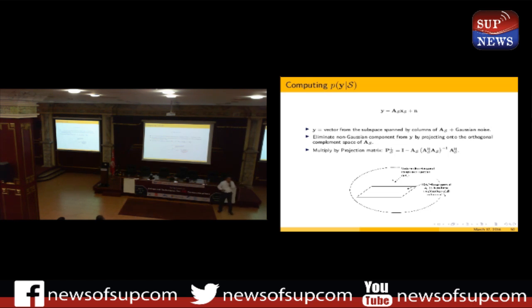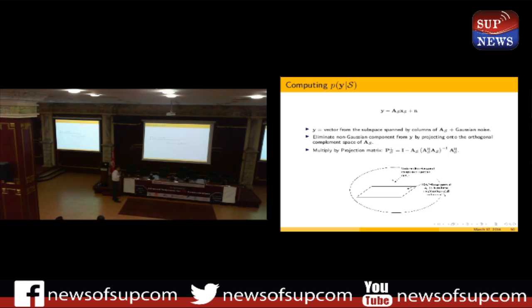What happens if I do this? I'm going to only retain the component that doesn't include any contribution from this. Is that clear? And so I'm going to kill the signal component. So if I kill the signal component, what am I left with? The noise, or the projected noise, right?